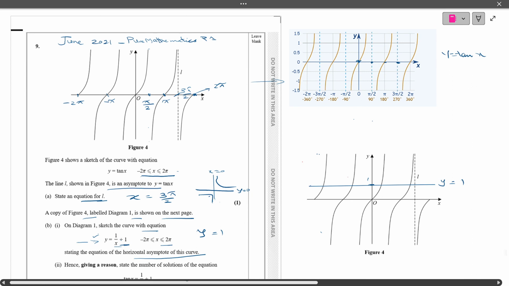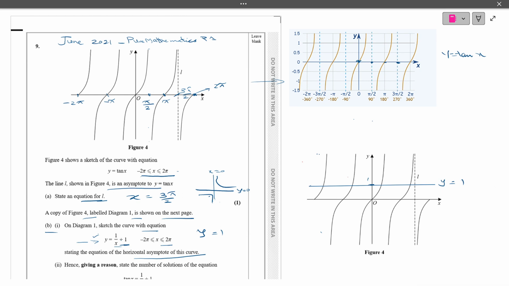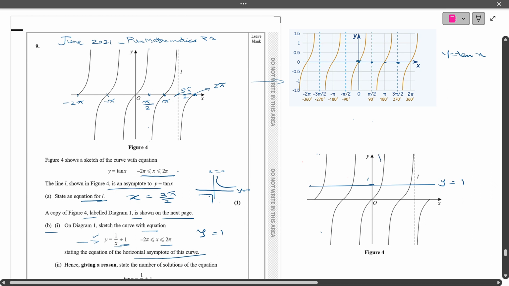Next is giving a reason, state the number of... okay, that's it from B part 1. Sketching is done. No, reciprocal sketching is not done. So let's sketch the reciprocal graph. y equals 1 is the horizontal asymptote, and it's time to sketch the reciprocal graph. In the first quadrant, something goes like this. Let me try one more time.